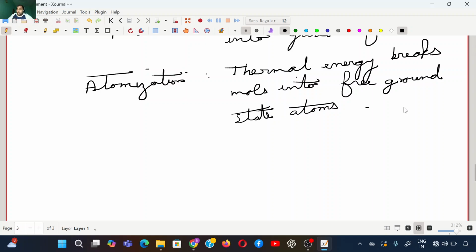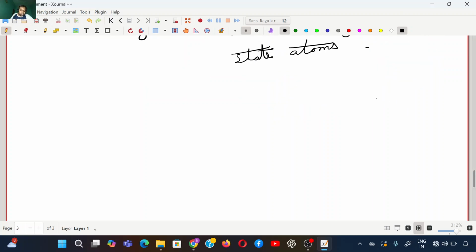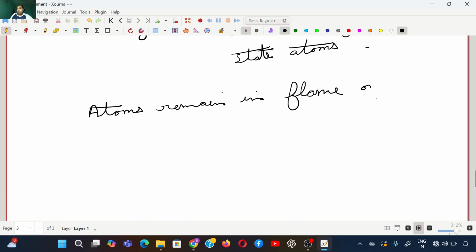Some additional notes about the flame chemistry and the flame environment. Your temperature controls volatilization and dissociation, which is basic common sense. One important thing to note is that atoms remain in the flame only for microseconds before leaving the optical path. So basically, they are very short-lived species.